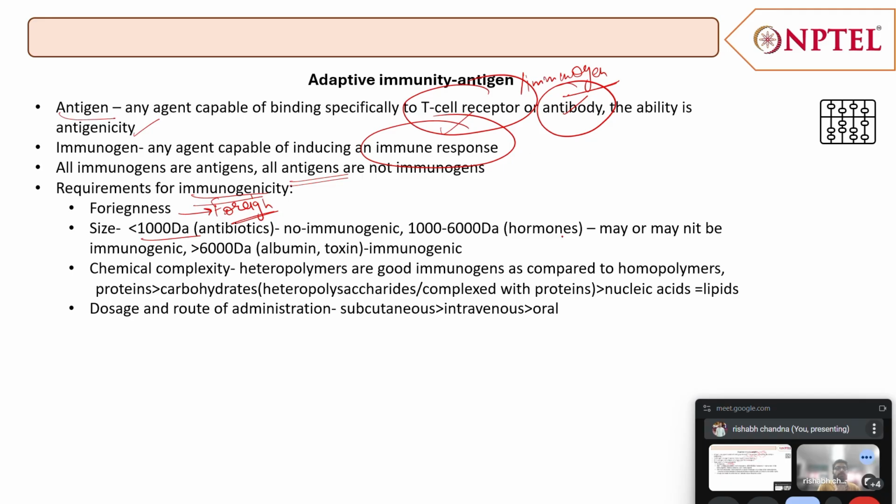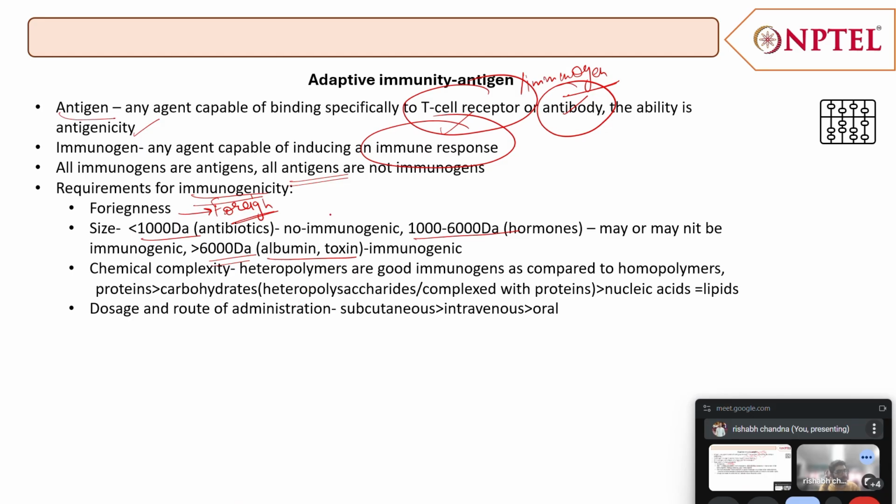If it is 1,000 to 6,000 daltons, for example certain hormones, they can be either immunogenic or non-immunogenic. But proteins greater than 6,000 daltons, like albumin or toxins, are sure shot immunogenic.